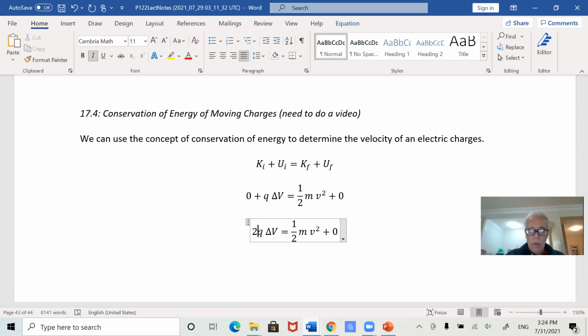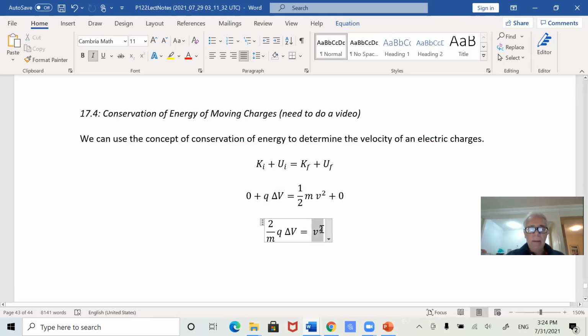Now 2 divided by m, q delta V, equal to v squared. And we solve the equation for v.